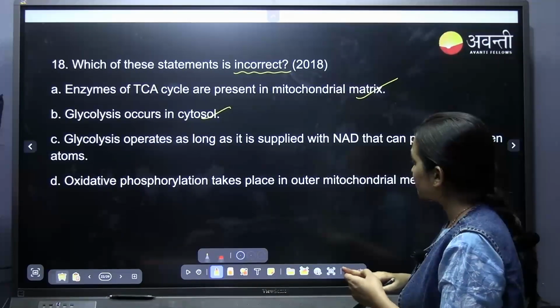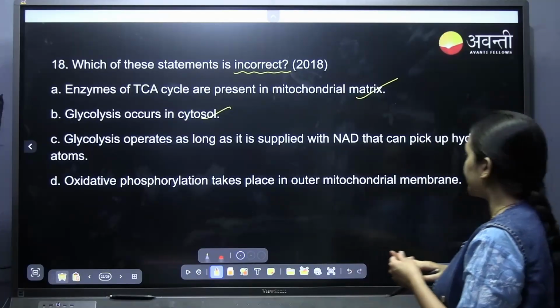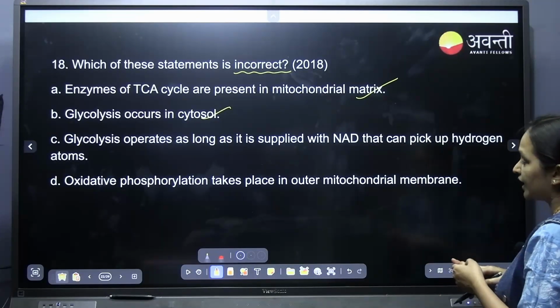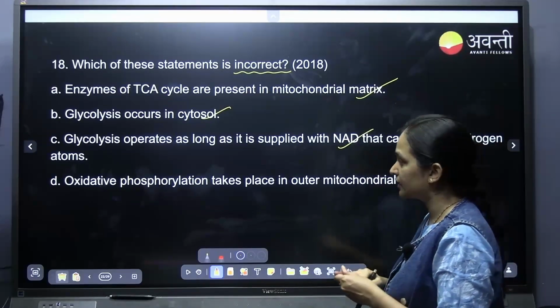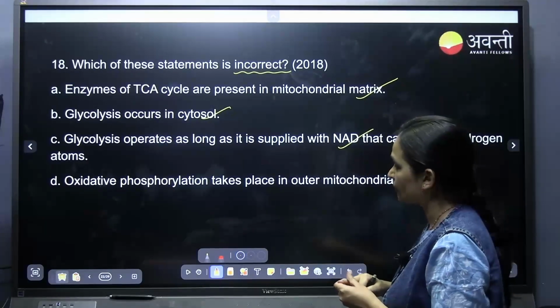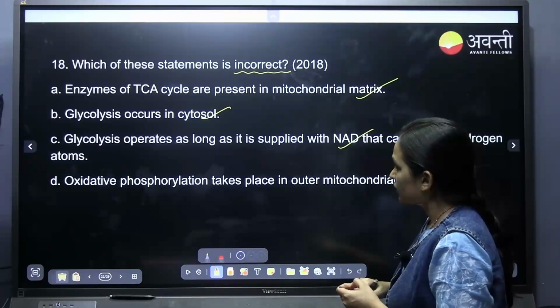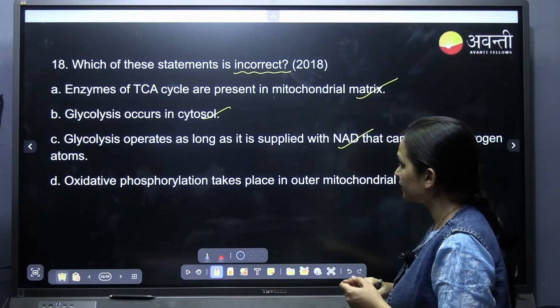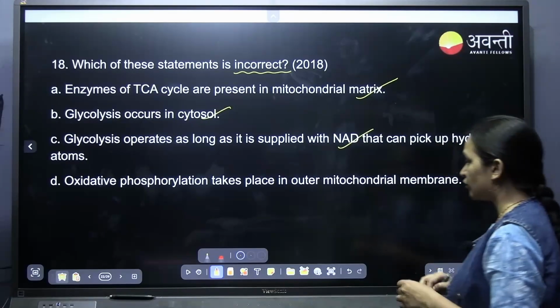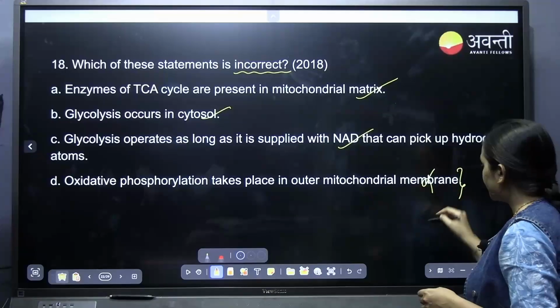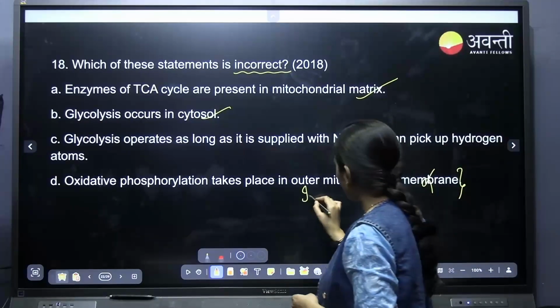Glycolysis operates as long as it is supplied with NAD that can pick up hydrogen atoms. Yes, if NAD is not there, the process does not proceed. Oxidative phosphorylation takes place in the outer mitochondrial membrane? Actually, it takes place in the inner mitochondrial membrane.